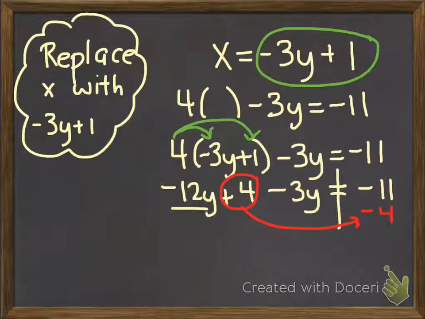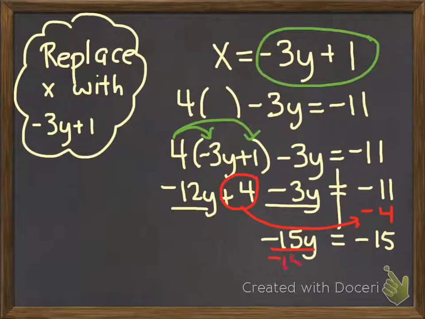So we have negative 12y minus 3y, that's negative 15y, equals, on the right side, negative 11 minus 4, that's negative 15. So now you divide by negative 15, divide by negative 15, and you get y equals 1.